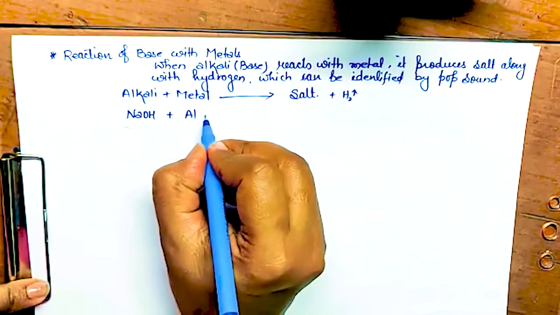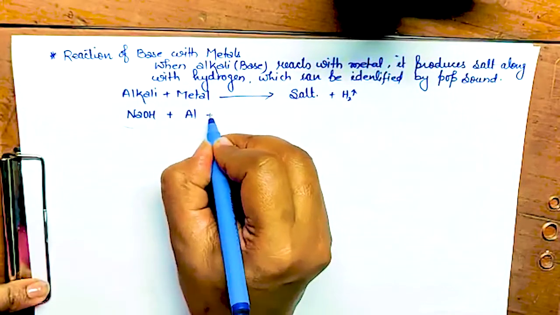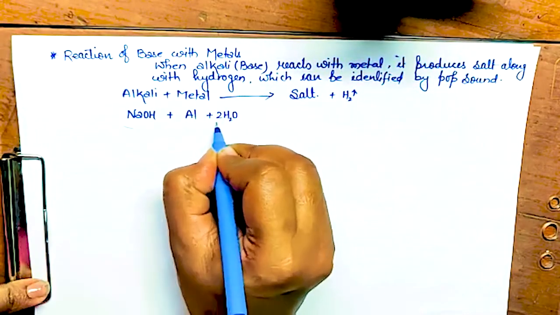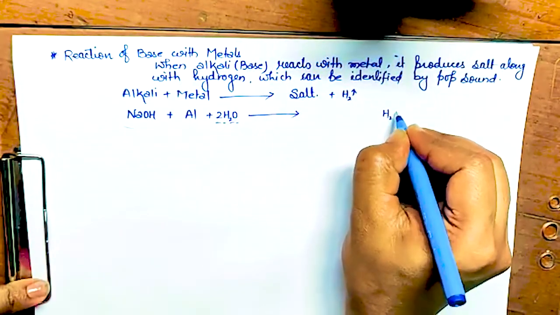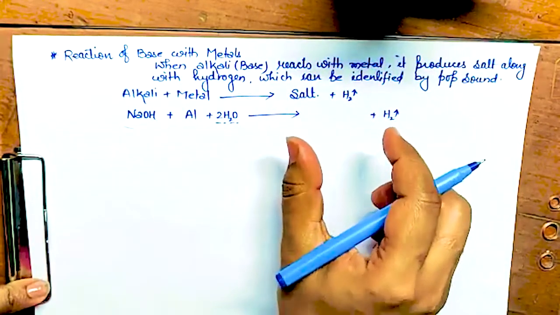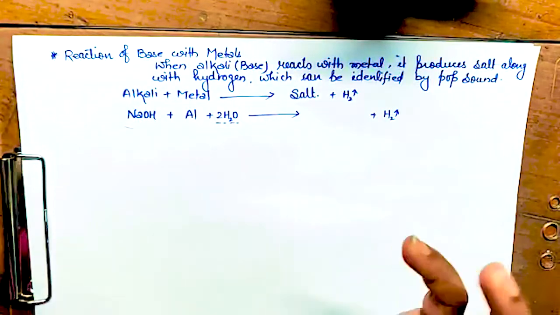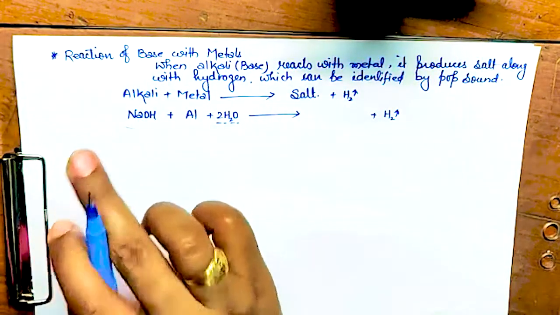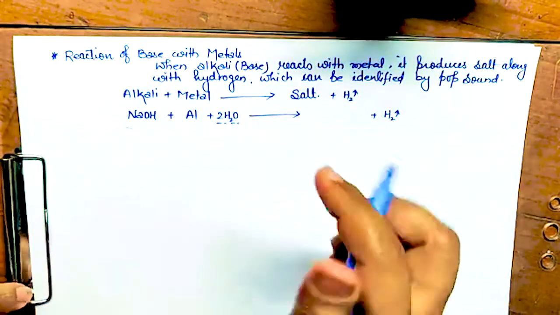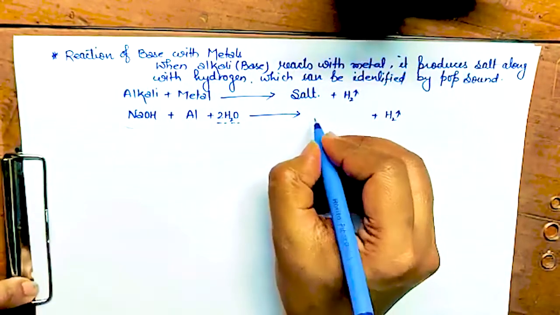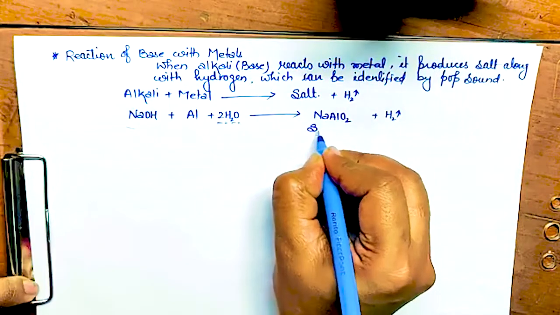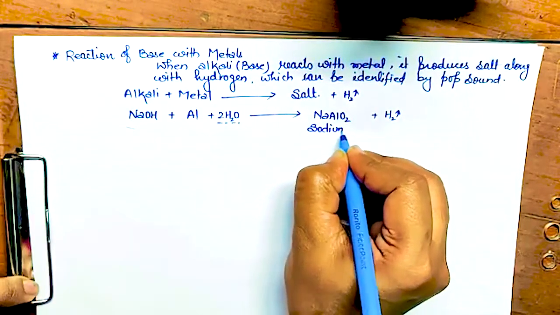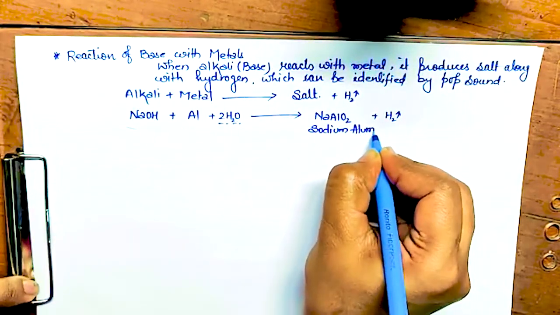We can assume water over there, whether you write it or not, but it is understood. So what will form? It will give you H2 and along with it the salt, but this salt is not as simple as what we were doing with the acids. So you have to learn the formula here. This is sodium aluminate. Okay, so it will form sodium aluminate.